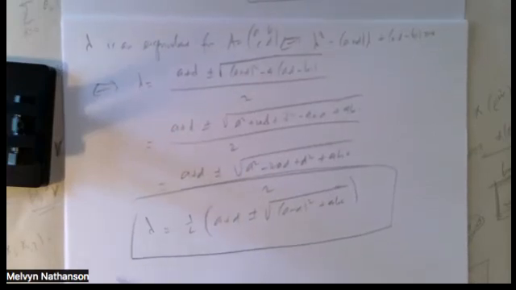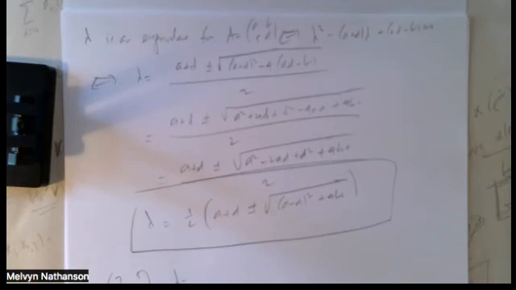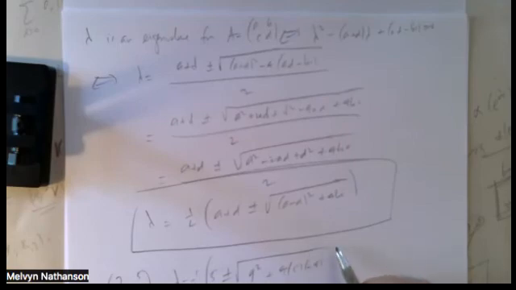So in the first example I looked at, I had the matrix A, which was 7, minus 4, 5, minus 2. So lambda is 1/2 times a plus d, 7 minus 2 is 5, plus or minus the square root of (a minus d), 7 minus minus 2 is 9, squared, plus 4bc, which is 4 times 5 times minus 4.